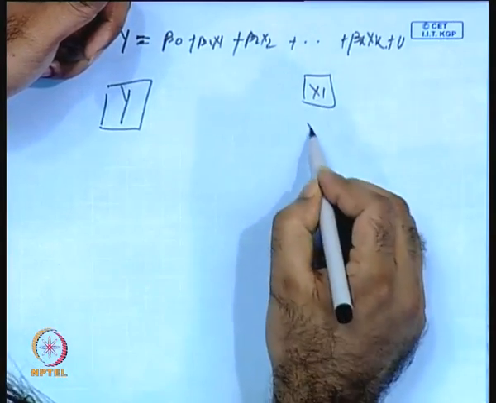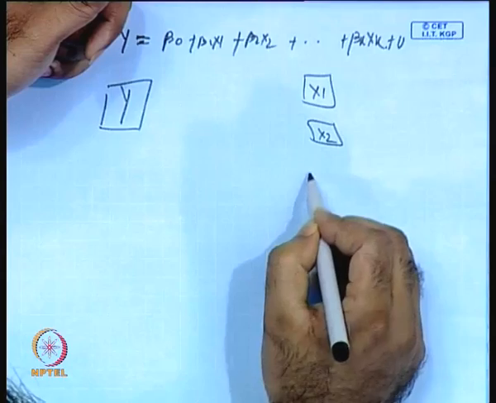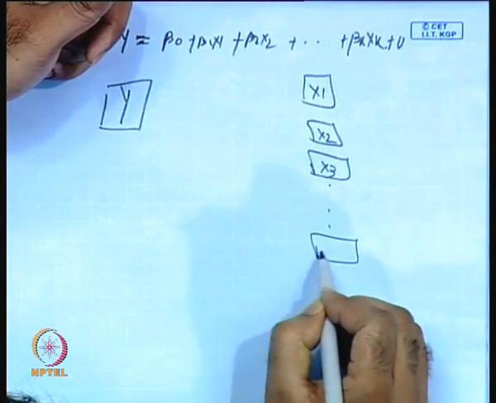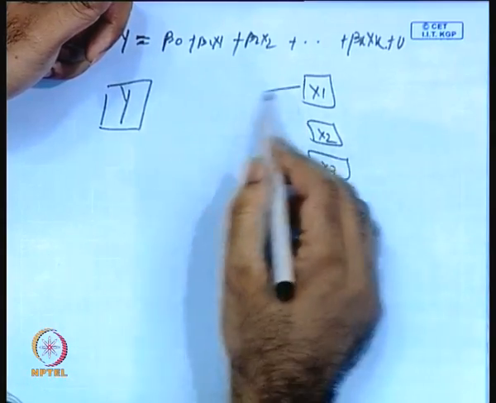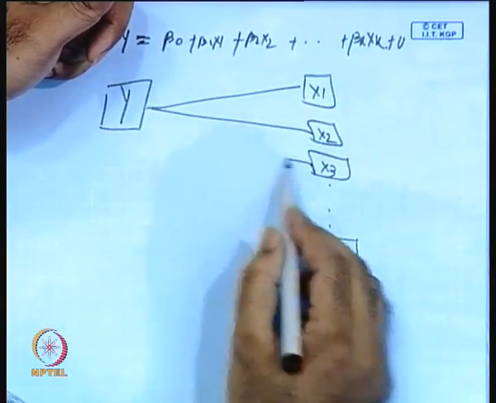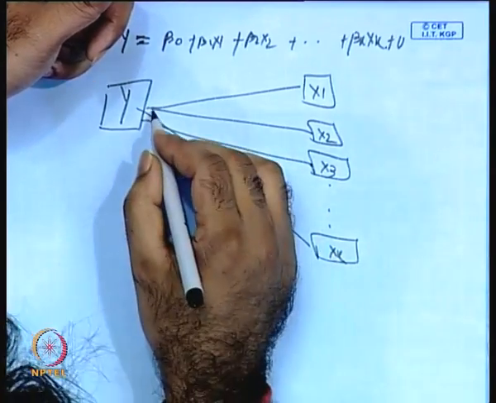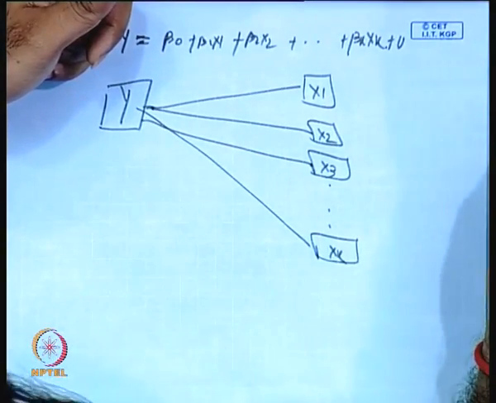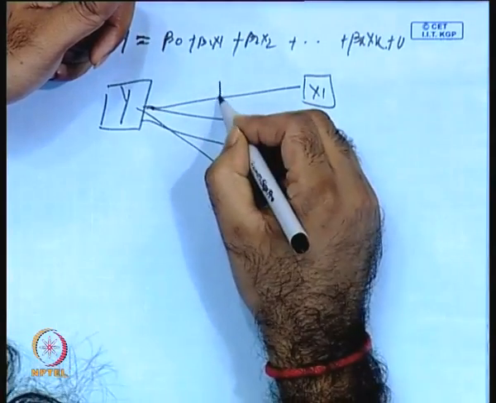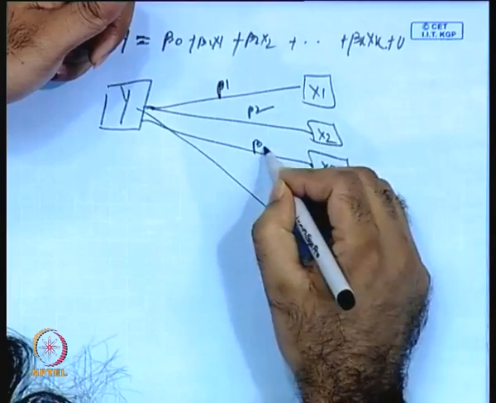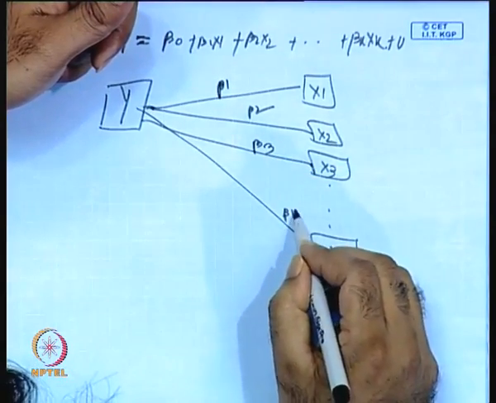This is x1, this is x2, this is x3, and continue, this is xk. Followed by the beta 1 coefficient, beta 2 coefficient, beta 3 coefficient, and this is the beta k coefficient.